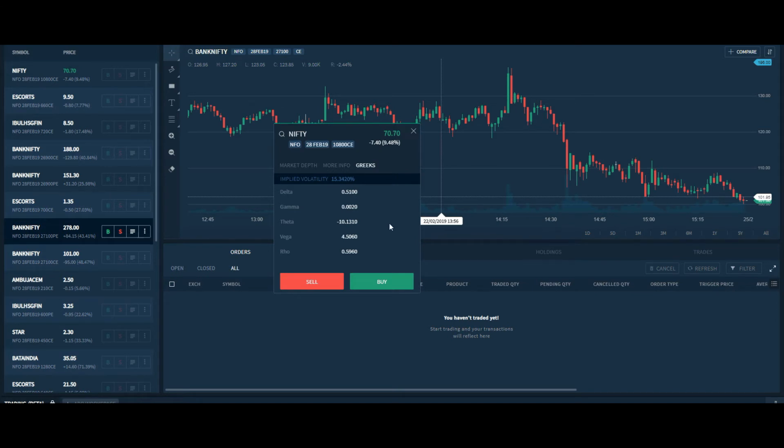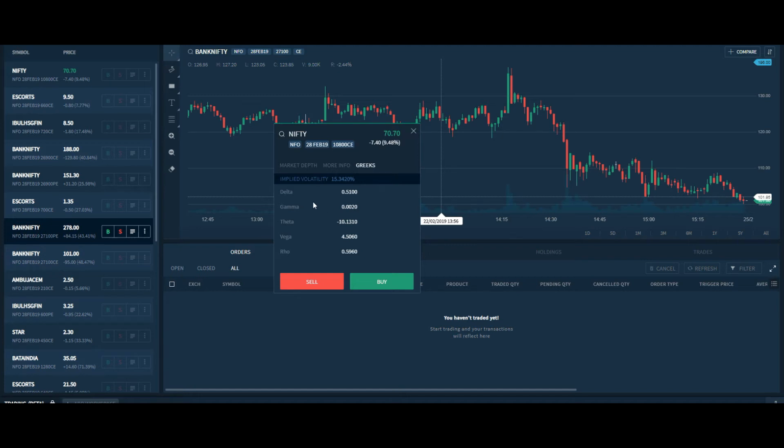In this scenario, any movement of 1 rupee on the Nifty, this 10,800 CE option will move by 51 paisa. Okay, I hope you're understanding.